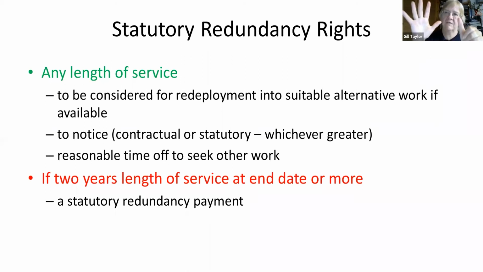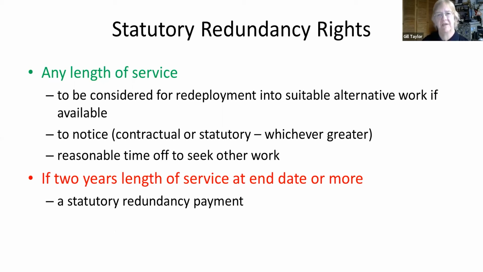Because statutory notice starts at 1 week at 1 month, 2 weeks at 2 years, 3 weeks at 3 years, 4 weeks at 4 years, 5 weeks at 5 years, and so on, up to 12 years length of service. So statutory notice, if you've got 12 years length of service, is 12 weeks. And you must give people you're making redundant the notice, whichever is greater, either contractual or statutory.